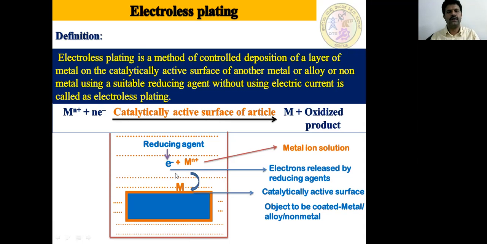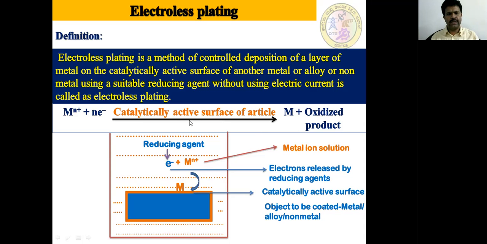And we can express this process like this. The metal ions present in the electrolyte solution will gain electrons released by the reducing agent on the catalytically active surface of the article, and become neutral metal and deposit, and that reducing agent after releasing electrons will form an oxidized product.